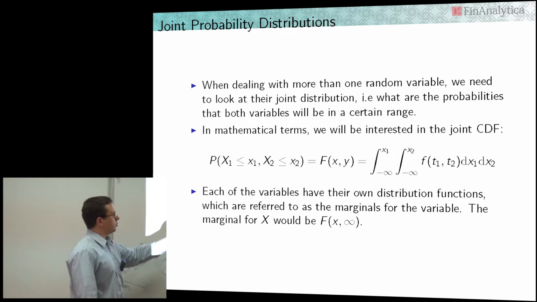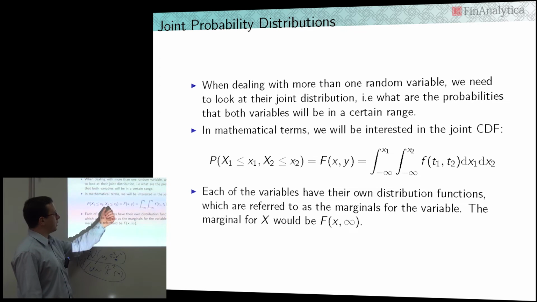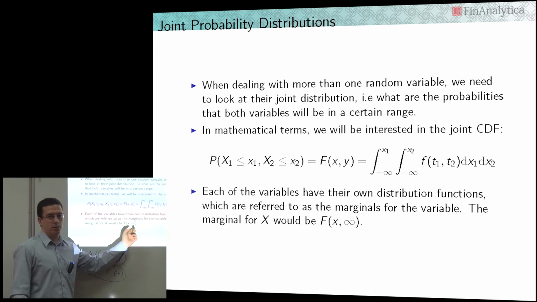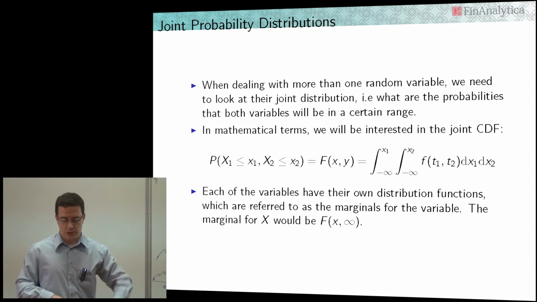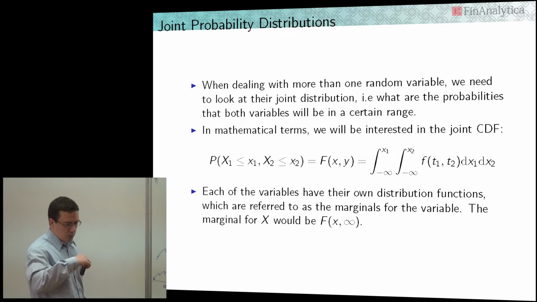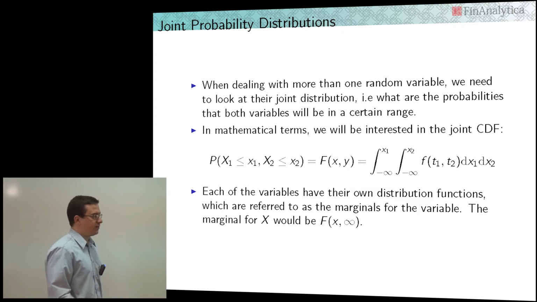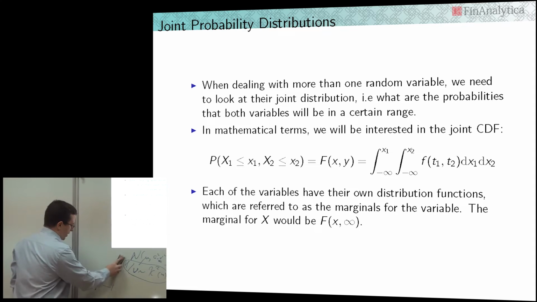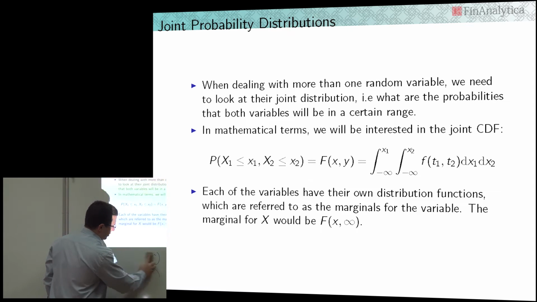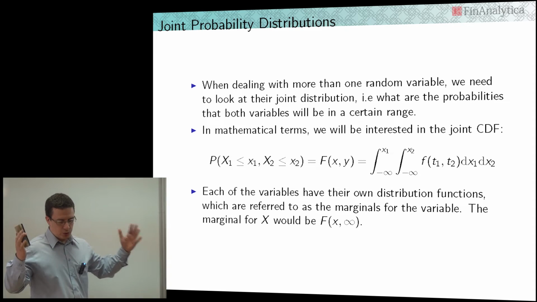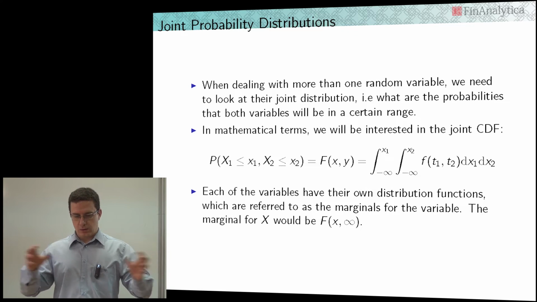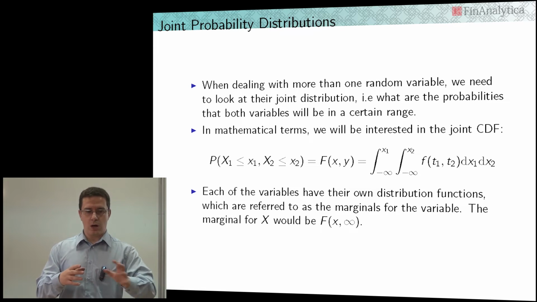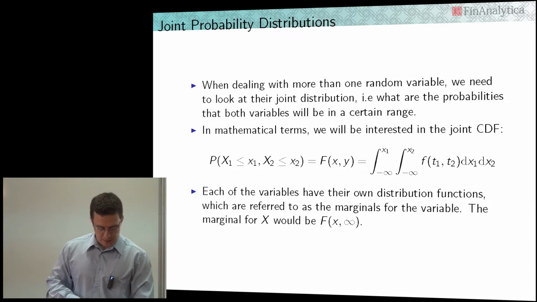So we have the joint and the two marginal distributions, as they're called. And to get the marginals, you basically substitute y with plus infinity, which would be the maximum for a continuous variable. This would come up a little bit later on when we discuss different ways to specify multivariate distributions. But here we have the joint CDF, which defines for us both how the two variables are connected, but also how each of the variables behaves.